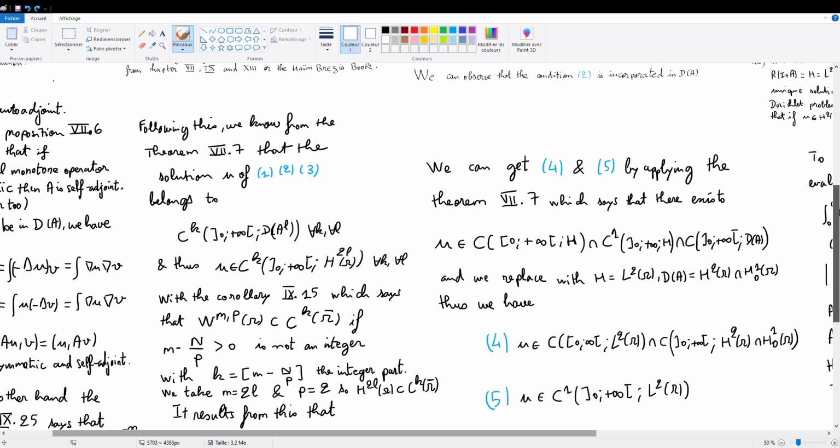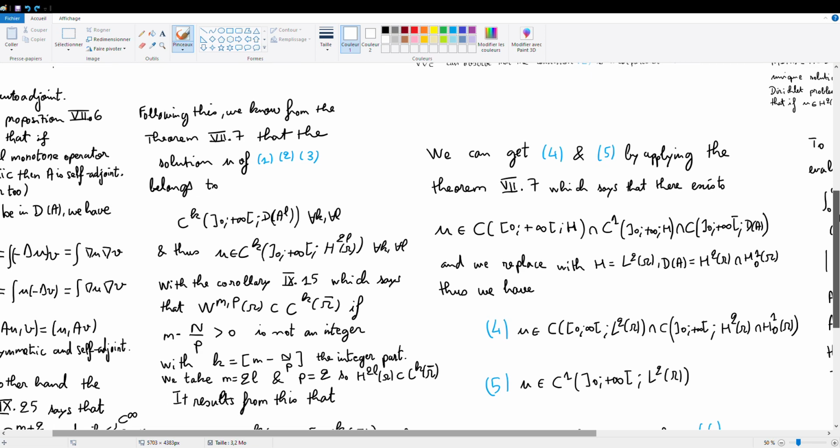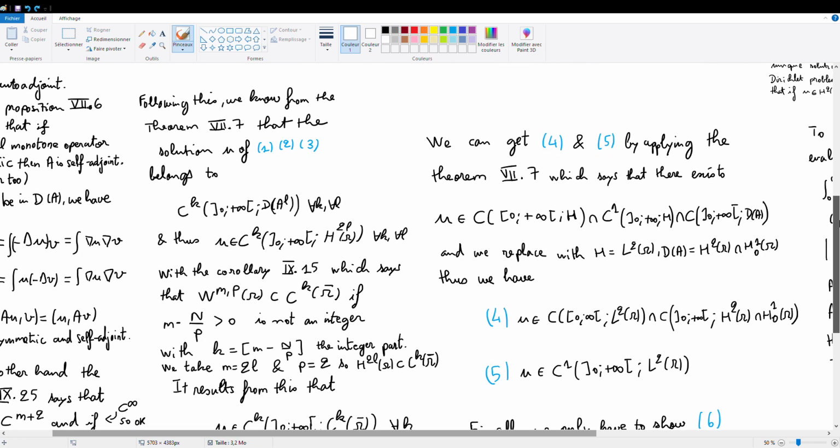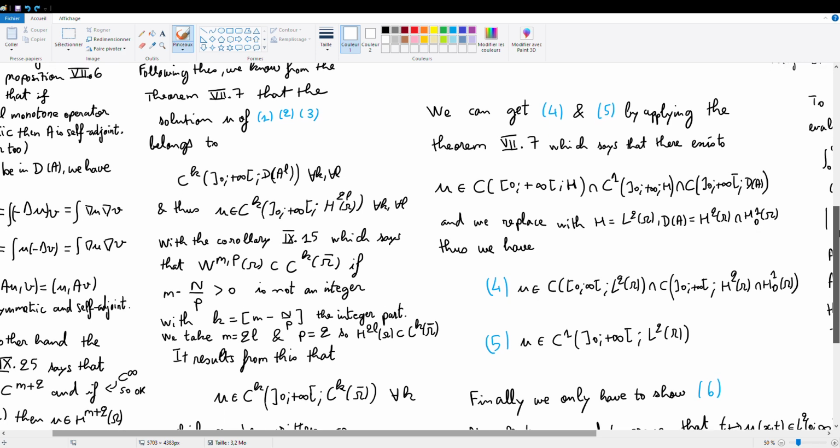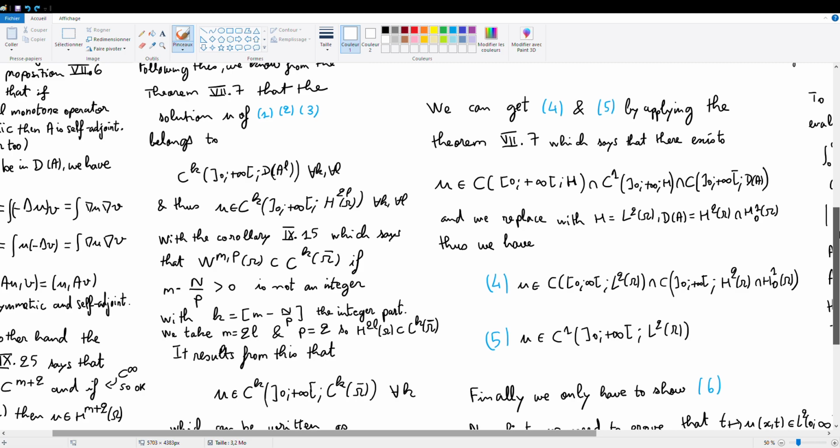Following this, we know from theorem 7.7 that the solution U of 1, 2, 3 belongs to C^k(0, plus infinity; D(A^l)) for all k, all l.